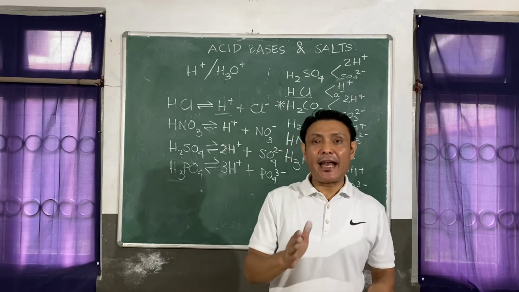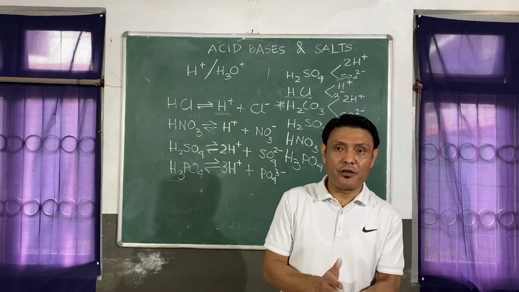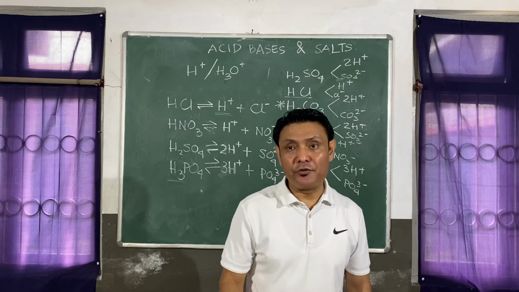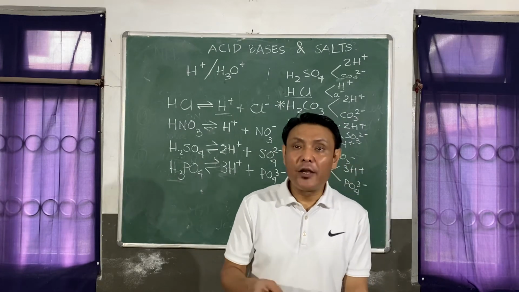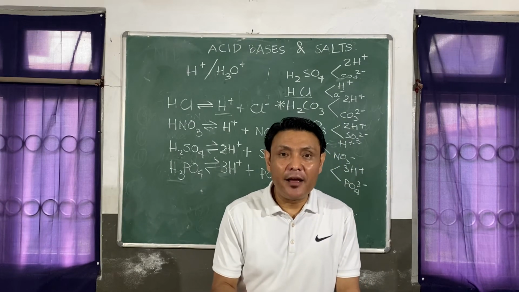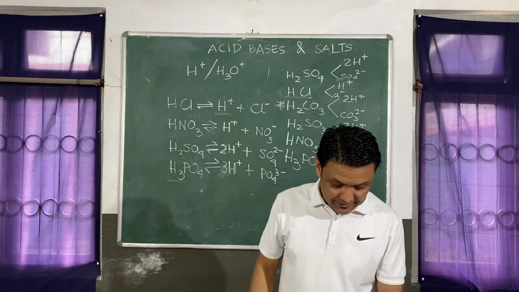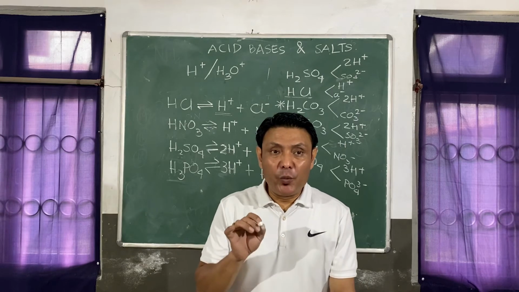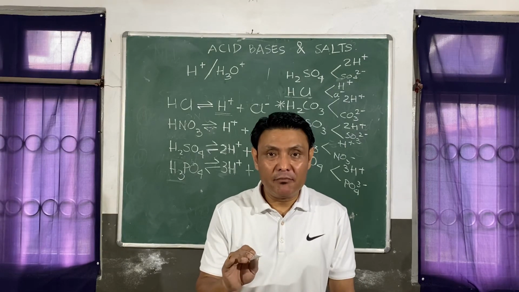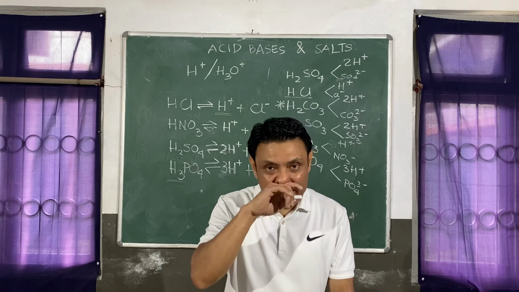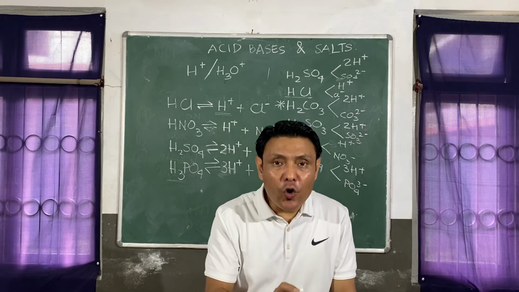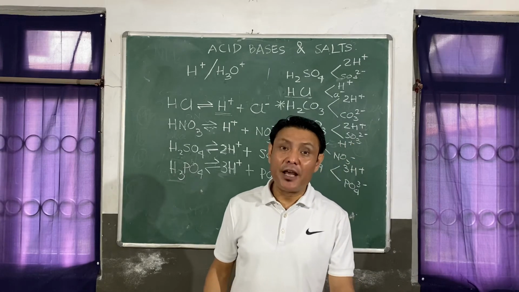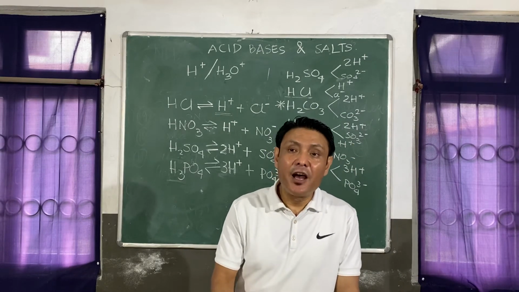Since the acid produces a low concentration of hydrogen ions in the solution, we call these types of acids weak acids. So, what is a weak acid? A weak acid is an acid which dissociates partially to produce a low concentration of hydronium ions or hydrogen ions in its aqueous solution. Therefore, we call these acids weak acids.